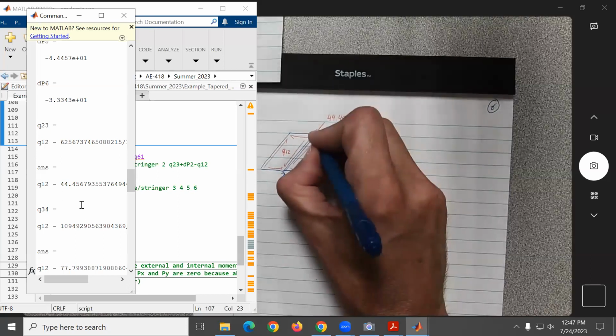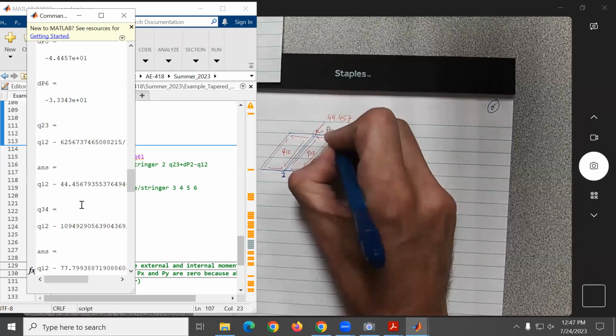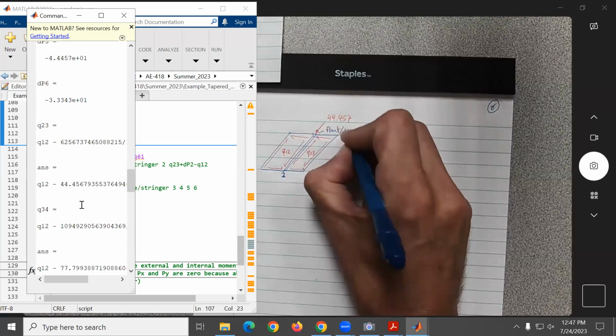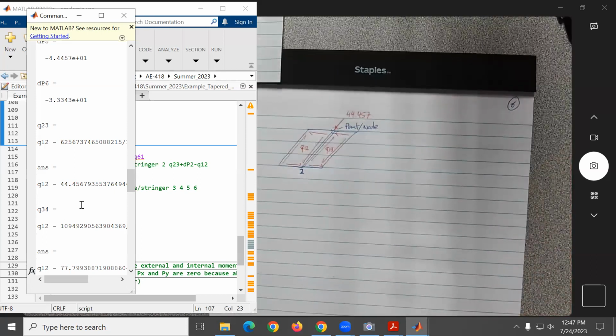Okay, so let's say we look here at this point over here. There are different ways to do this one, but I like to think about it like electrical engineering.